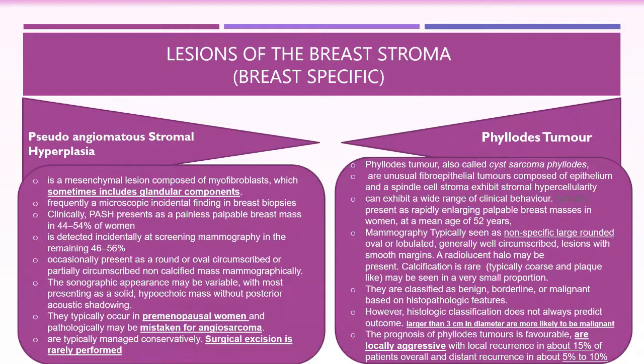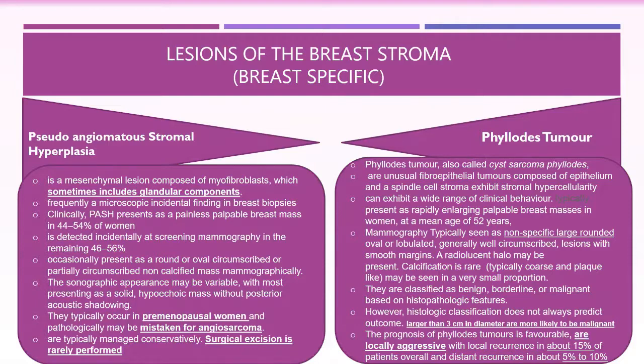Regarding pseudoangiomatous stromal hyperplasia, this is benign, also simulating fibroadenoma. Usually it is an incidental finding, but sometimes the patient might present with a palpable abnormality, same as fibroadenoma, and sometimes by imaging you cannot differentiate it from a fibroadenoma. It is usually seen in premenopausal women, the same age group, but sometimes it might be a diffuse type.